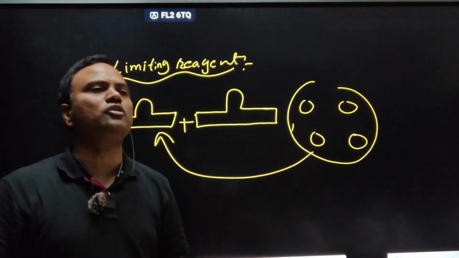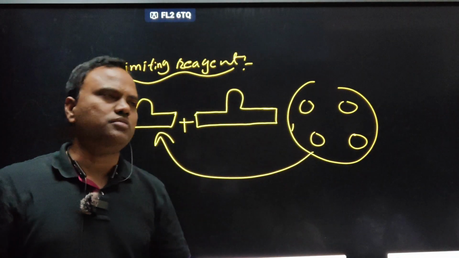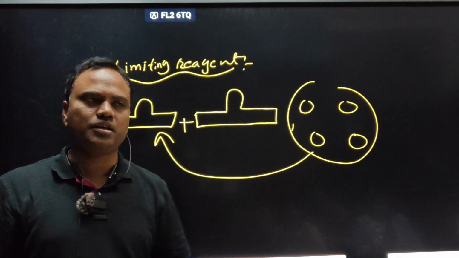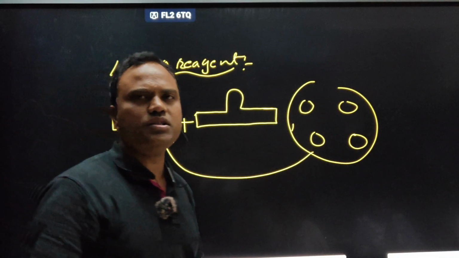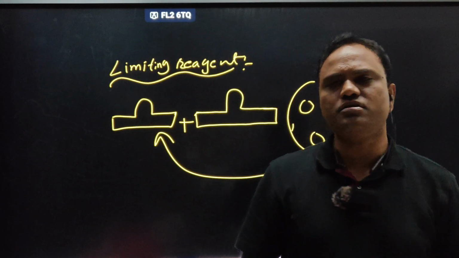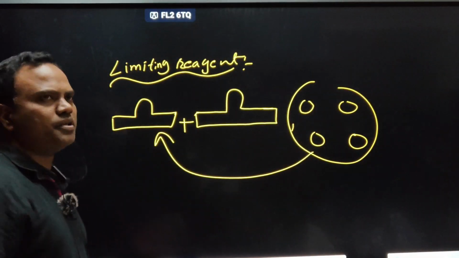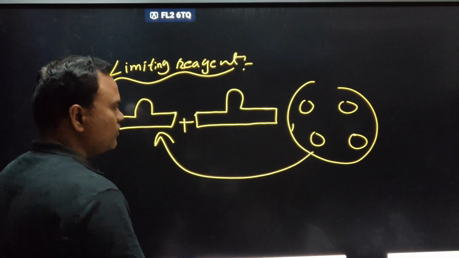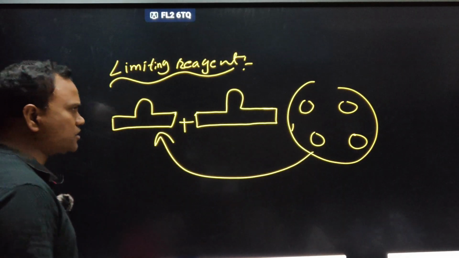The one present after the reaction is called the excess reagent, but limiting reagent is important. Simple definition: the reagent or reactant which is utilized completely is called limiting reagent.